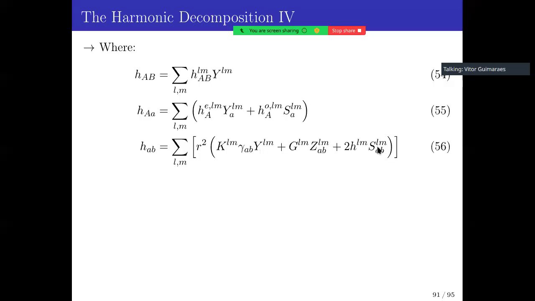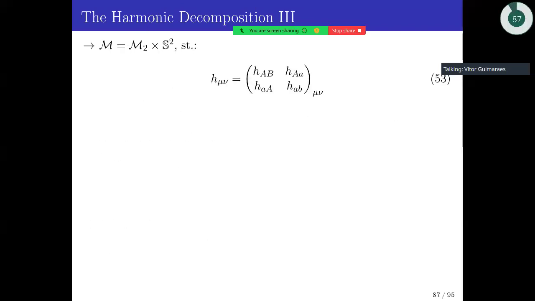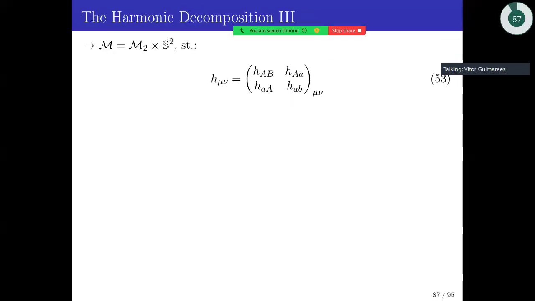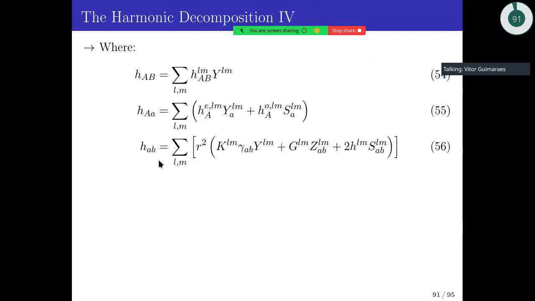These are the tensors that are the basis of the traceless parts of this, and this is the basis of the trace part of this tensor, right? And they all transform as tensors with respect to the two-sphere, but are invariant under T and R. Okay. Is this decomposition okay, right? We constructed the basis, right? We came here, we constructed this basis, and now we are using the basis to decompose our tensor, h_mu nu, okay?